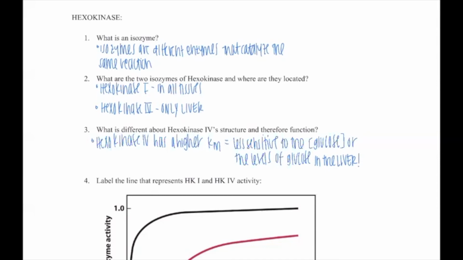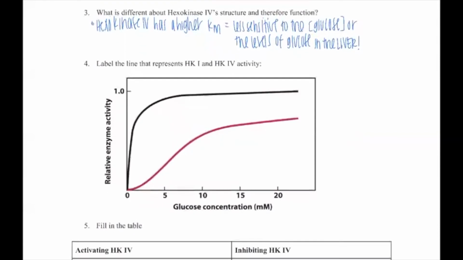And now we can move on to this table or this graph, right? So the question is, or the prompt is, label the line that represents hexokinase 1 and hexokinase 4. So when talking about this, we know that hexokinase 4 is the enzyme that requires a little bit more of a glucose concentration in order to start working, while hexokinase 1, as opposed to hexokinase 4, works quicker.